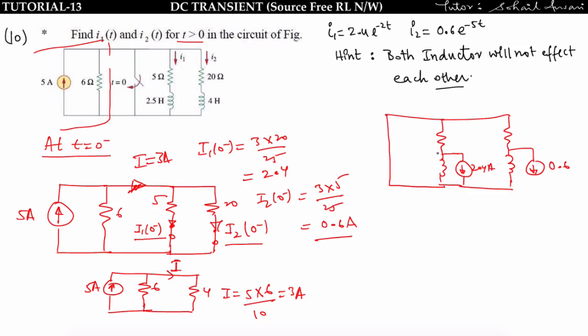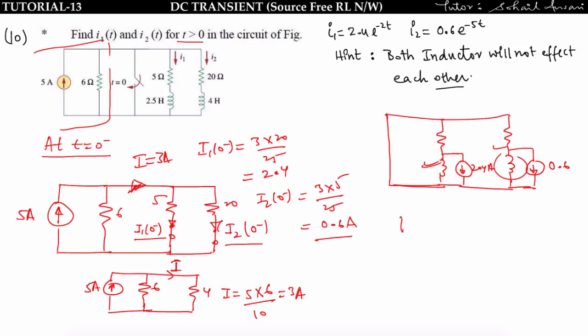So here you can easily understand that this inductor current and this inductor current are not interacting with each other. These are independent because of this short circuit. The current present in this inductor will not get affected by this, and similarly the inductor present in this will not get affected by this current source.